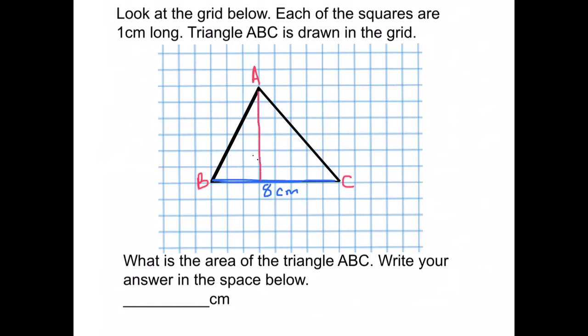If we count our line for our height, 1, 2, 3, 4, 5, it is 6 centimeters. Now we can use our equation of half the base multiplied by our height. Our base is 8, half of that is 4. Our height has been worked out to be 6 centimeters. So 4 times 6, 24 centimeters squared.